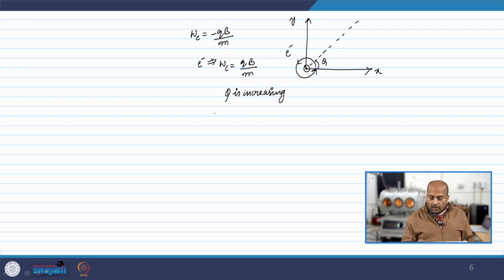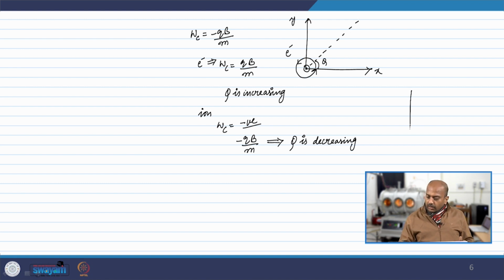And if you take the exact opposite for an ion, omega c will be negative, or it will be minus qB by m, and an ion will rotate such that phi is decreasing, right.